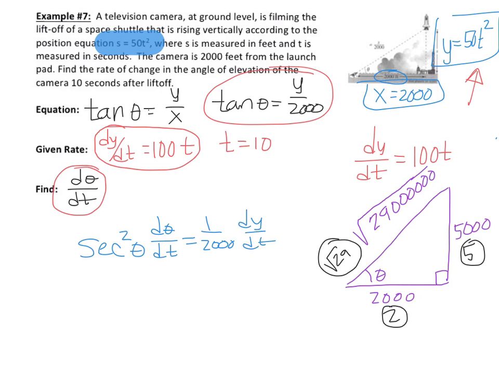I want to find dθ/dt. So dθ/dt is equal to dy/dt divided by 2,000 secant squared theta. I'm going to need some more work room, so I'm going to copy that onto the next page, and then we're going to work it from there.